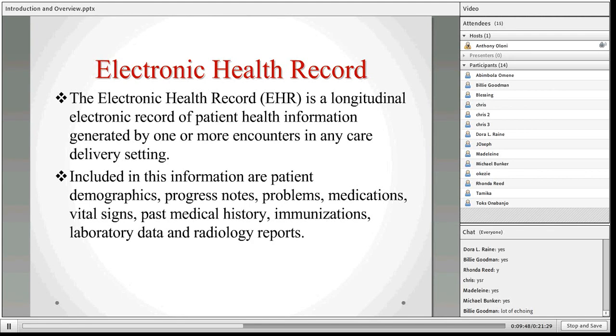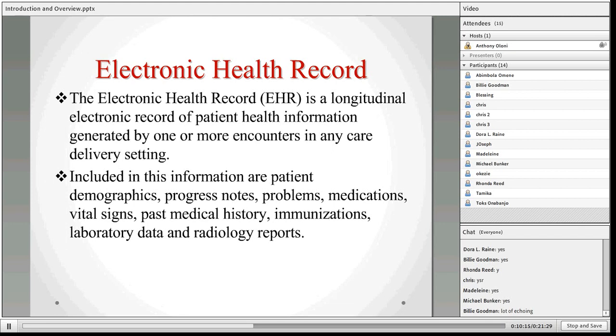So we're kind of breaking it down from the federal to the state, from the state to the individual organizational networks. And the electronic health record is any collection of patient data within a database that belongs to an entity that feeds into the regional health information network.